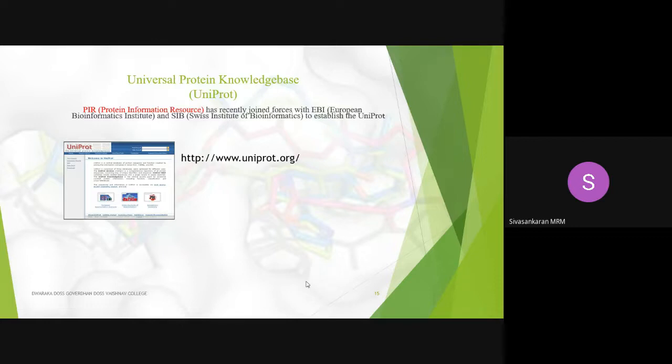UniProt is a database where we can type in the name of the protein, or a unique ID of a protein, or find the particular enzymes or proteins available in the particular organisms which cause the disease, and retrieve the data from it.